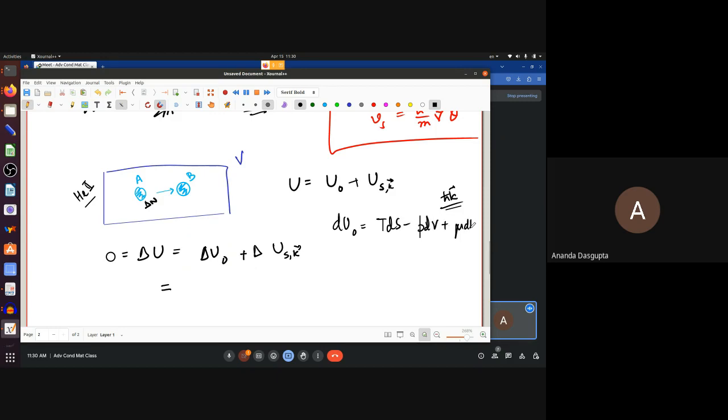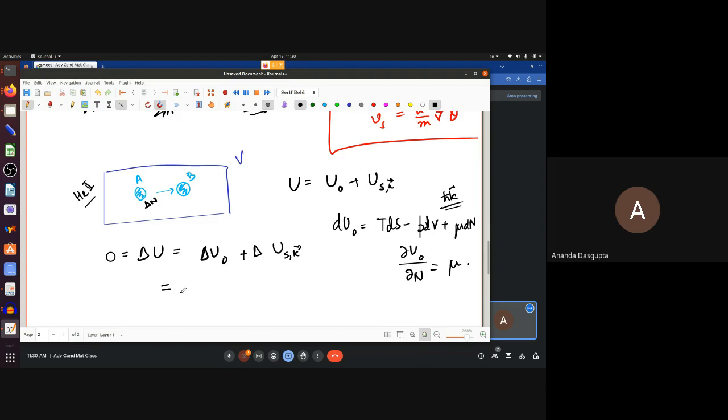Plus mu dN. And so what you have done here is you have just moved delta N number of superfluid atoms from here to here. And for that, the relevant thing is to look at the rate at which this energy changes when you change N. So what is that? That's simply mu, right?